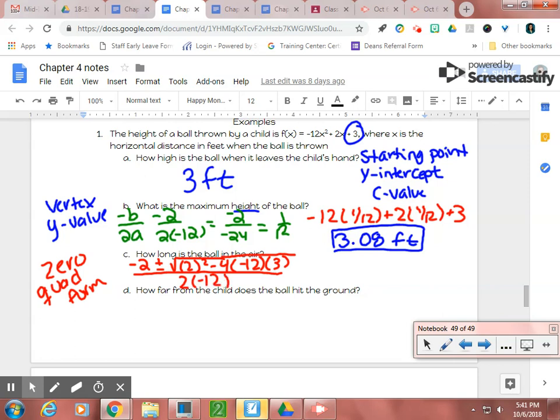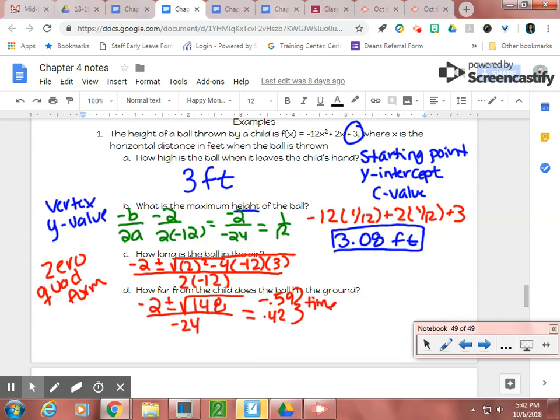Okay, so then that's going to give me -2 plus or minus the square root of 148 over -24. So that's going to give you two different things: -0.59 and positive 0.42. And that is time.